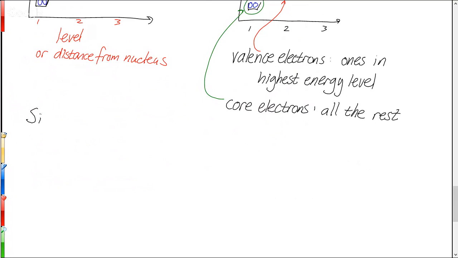So if you're stuck here, remember the first thing you do is look up the number of electrons, which is going to be the same as the number of protons. And then start filling up those buckets, 2, 8, and 8.